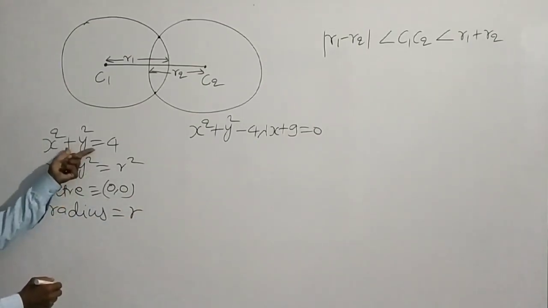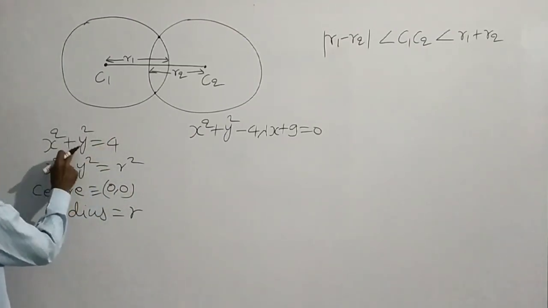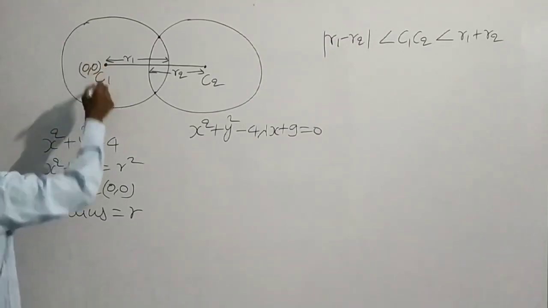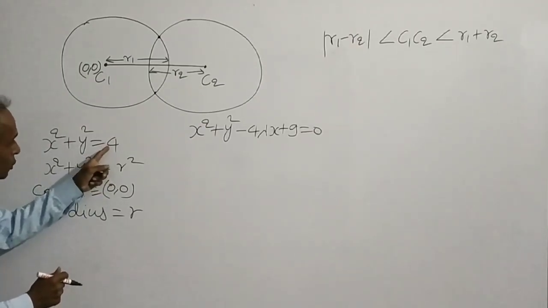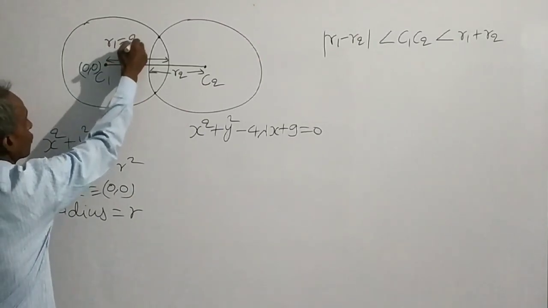Comparing this with this, we see that center of this circle will be 0, 0 and radius r will be 2 because 4 is 2 square. R1 is equal to 2.